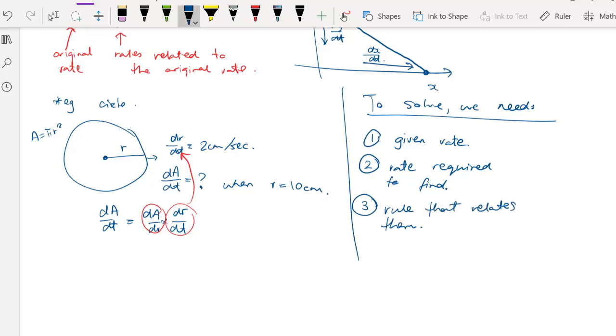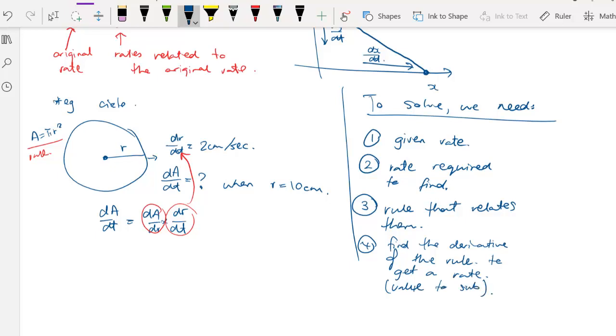In this case, we need a rule that relates the area and the radius, and here it is. To go along with that, the last thing is we'll need to find the derivative of the rule to get the rate, and we'll need a value to sub in. As long as you've got those things, it's pretty straightforward. If we were going to finish this question for this example, we're going to need dA dr.